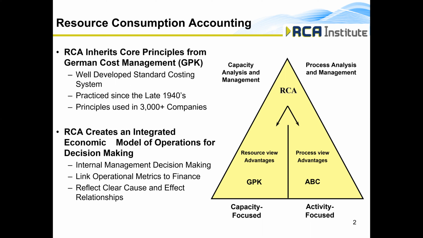So the focus is on internal management decision-making, linking operational metrics to money, and also reflecting clear cause and effect relationships. And by that, I mean operational and resource relationships, not just financial reporting rules and standards.